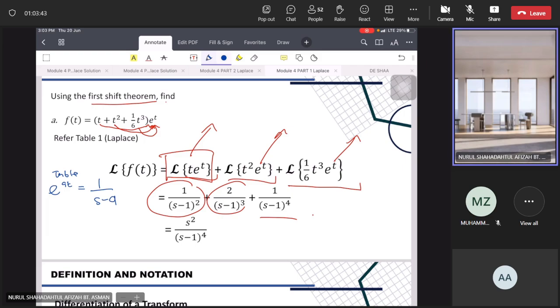So just referring to this table, and then you'll get this one. Okay, same method as the previous example.